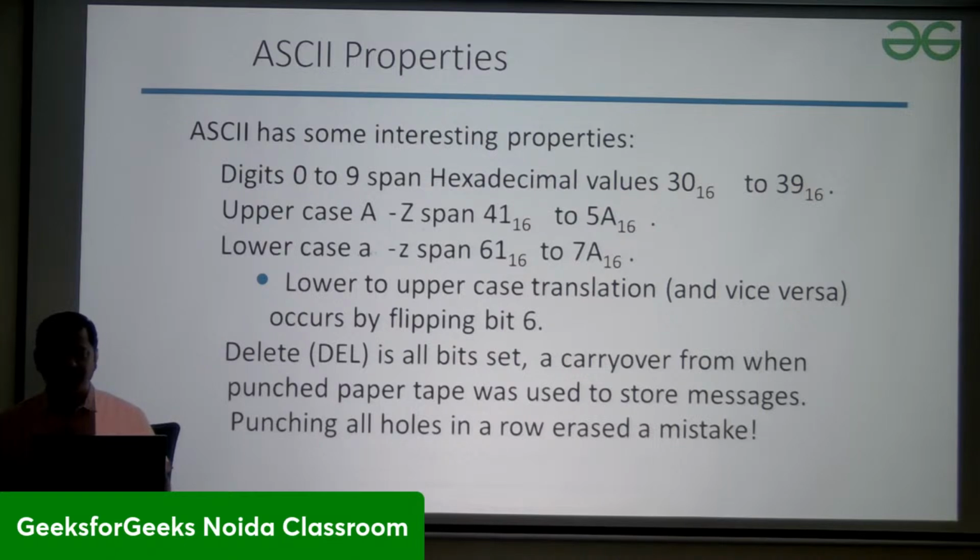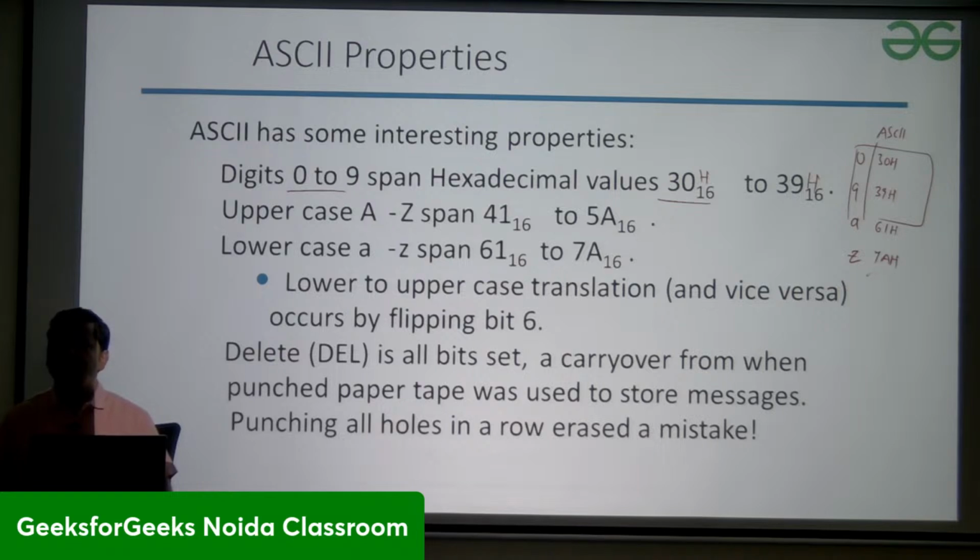Okay, so in that particular case you can see that numbers 0 to 9 are represented in hexadecimal base, 30H to 39H. Similarly, for small a to small z, it is represented as 61H to 7AH.